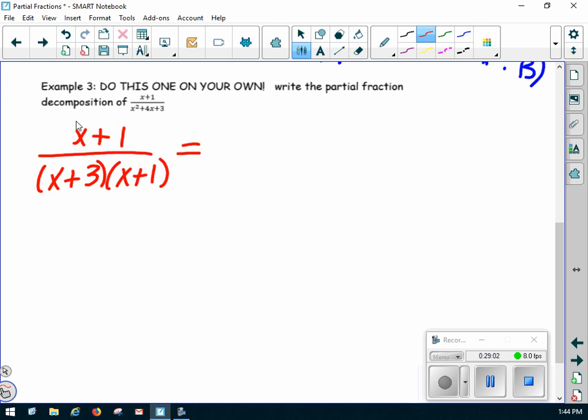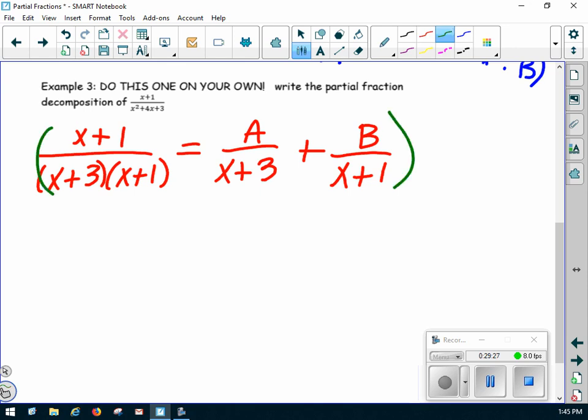That doesn't matter. If you put x plus 1 first, then the number I get for A is the number you're going to get for B. And the number I get for B is the number you're going to get for A. But the answers are still going to look the same.